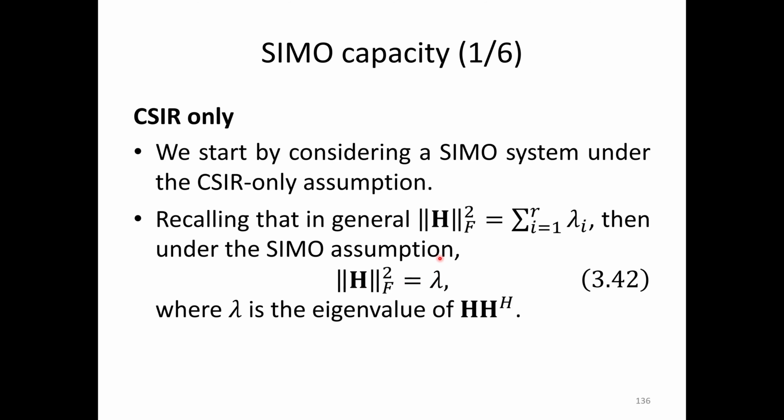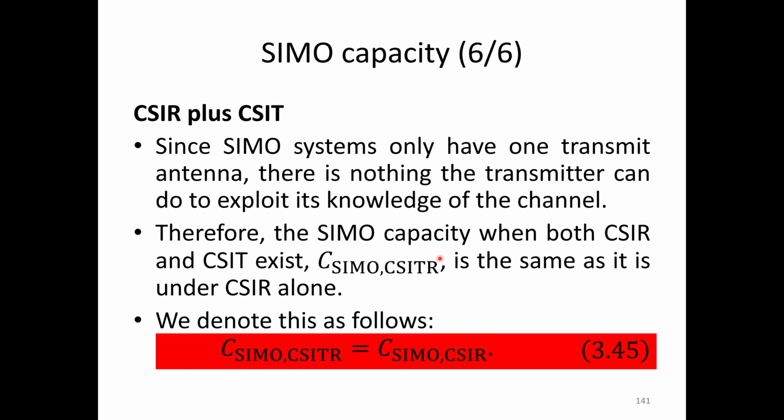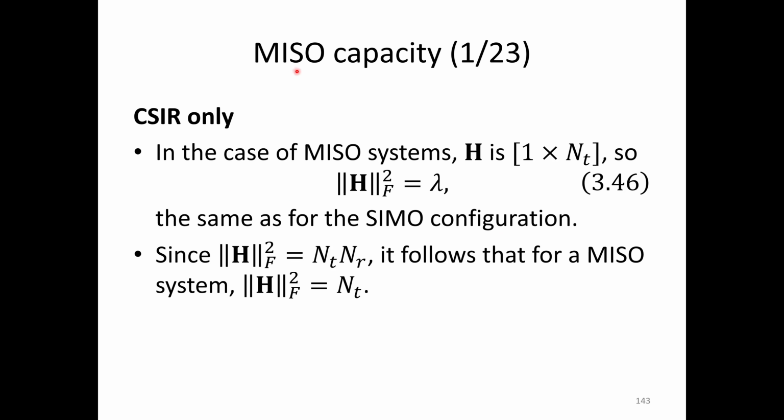Similarly, in the case of MISO systems, the square of the Frobenius norm of H is also equal to lambda, because the square of the Frobenius norm of H is equal to NT times NR.